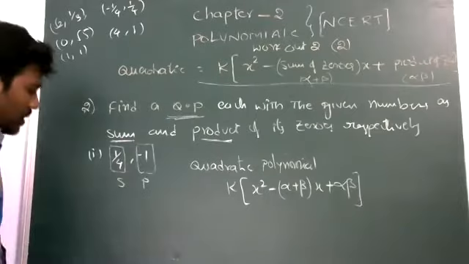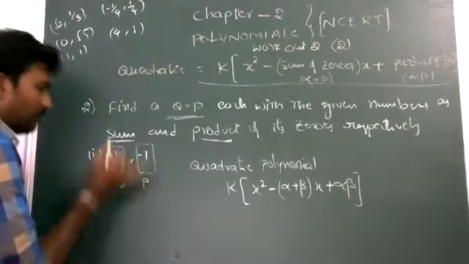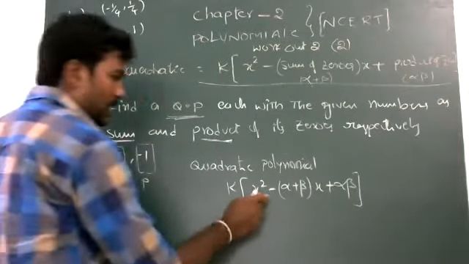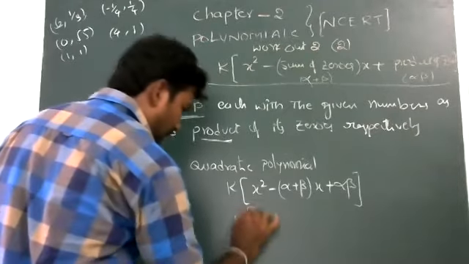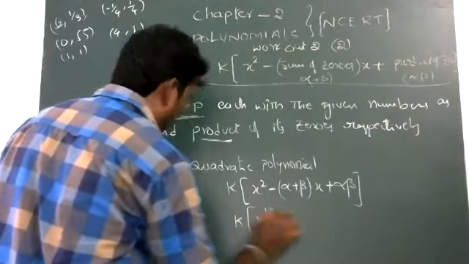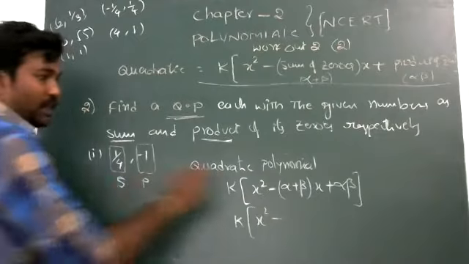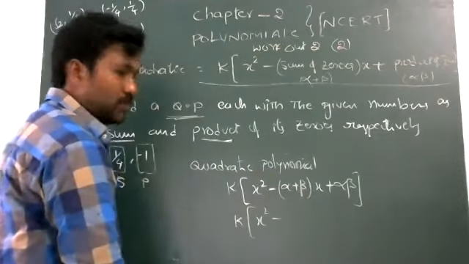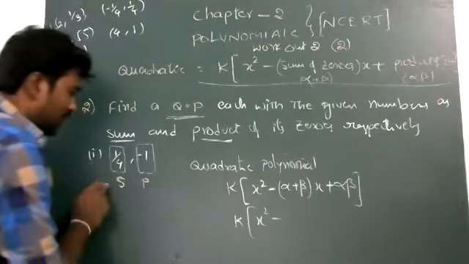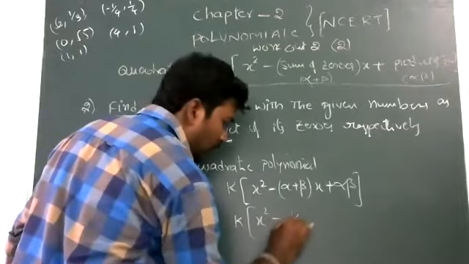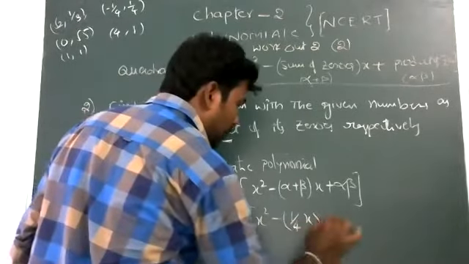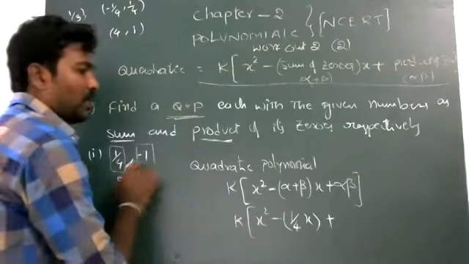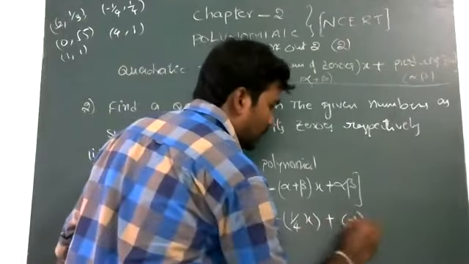Now we know the sum of zeros, alpha plus beta, that means 1 by 4 into x, plus product of zeros, minus 1.